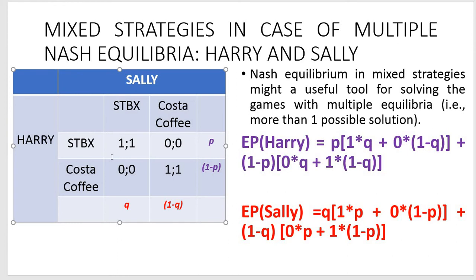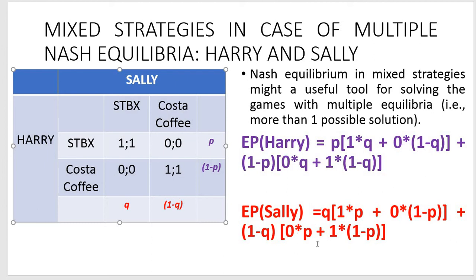For Sally, you just do it analogously. For Sally, the expected payoff associated with Starbucks is equal to 1 times P times Q plus 0 times (1 minus P) times Q, plus (1 minus Q) times P times 0, plus (1 minus Q) times (1 minus P).